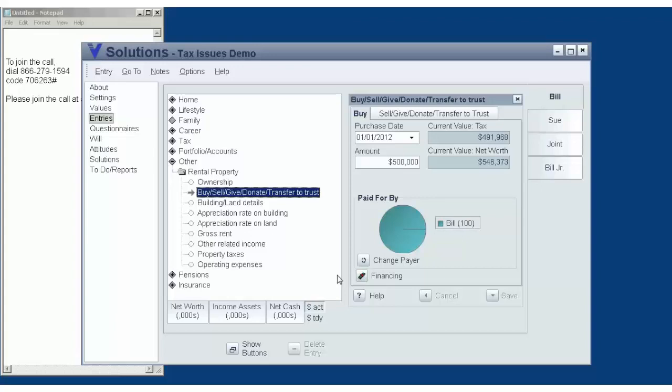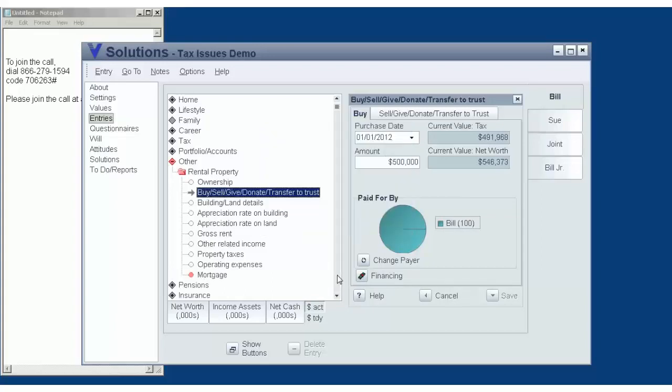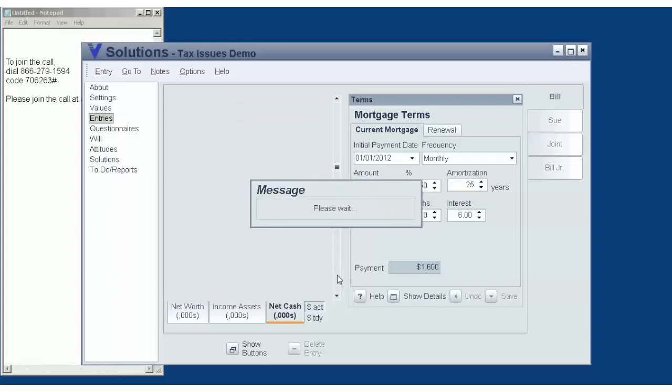So I'm going to create a mortgage. And the reason we do this is because there are certain tax implications. So we need to relate that liability directly to the asset. So in this case, I'm just going to make it $250,000. And then I'm going to go back to our net cash flow, and we're going to have a look at what this does to the CCA claim.